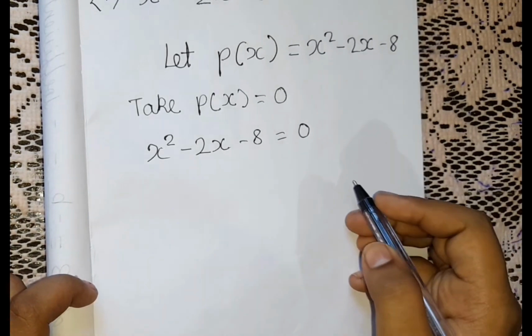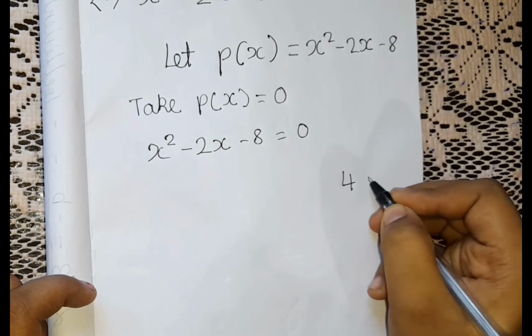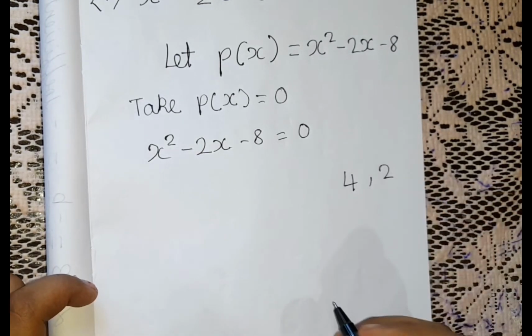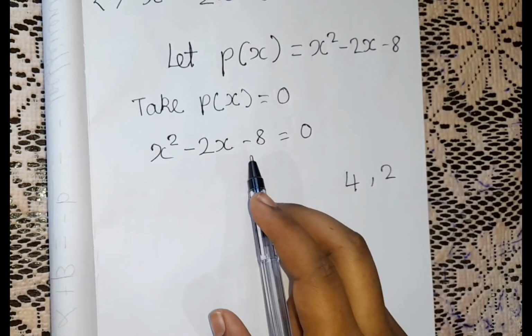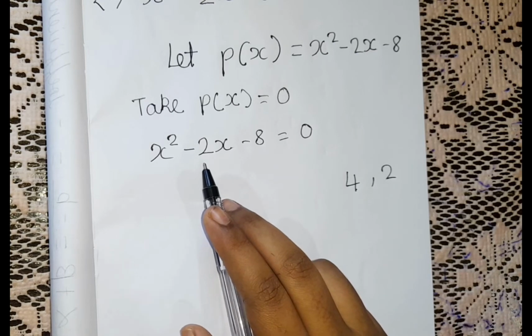As you guys know, 4 2s are 8, so I am writing 4 and 2. 4 2s are 8, so we should get the number 8, as well as we should get the 2 by subtracting.